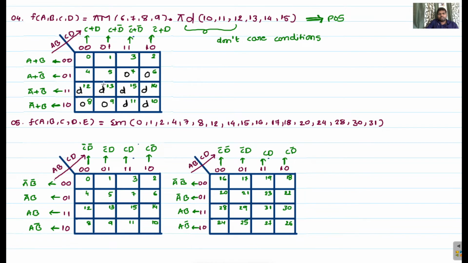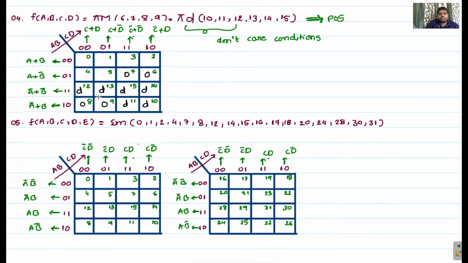So now if you observe, while you are forming the group, you can choose maximum possibility. So that is the first condition in our simplification rules. Okay, if you observe this 10 comma 11 having don't cares, the 8 comma 9 having zeros. So these don't care conditions for product of sum, I will assign 0 wherever required.